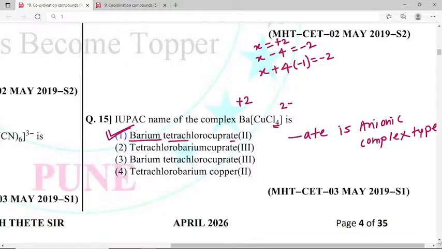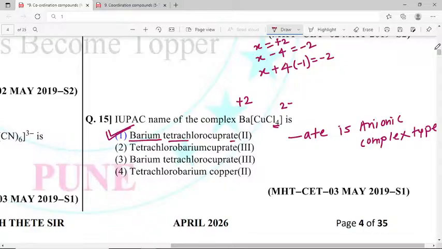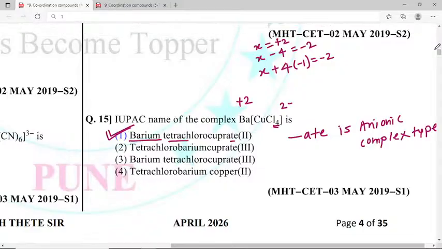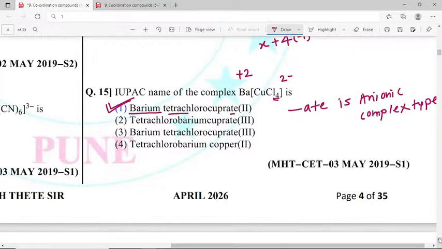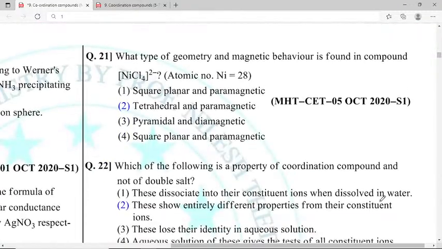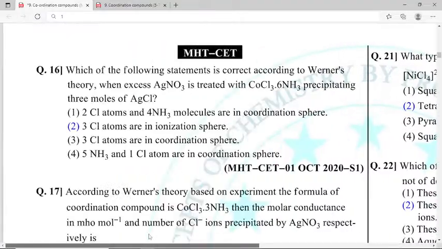Inside the bracket, it is written as oxidation state. Okay, next question. Which of the following statement is correct according to the Werner theory when excess AgNO3, silver nitrate, is treated with CoCl3·6NH3 complex?